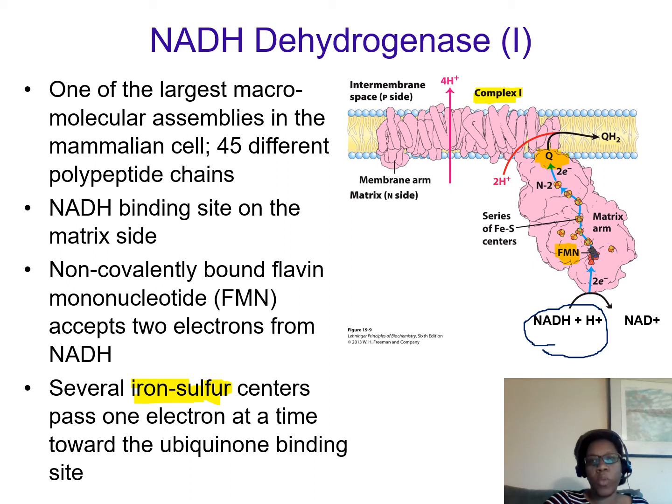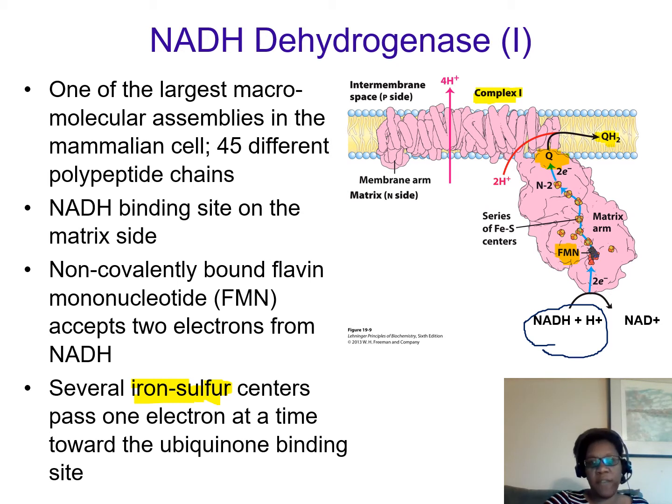Q takes on the 2 electrons, and QH2, now in its reduced form, can move from complex 1 and carry the electrons somewhere else. NADH has 2 electrons.